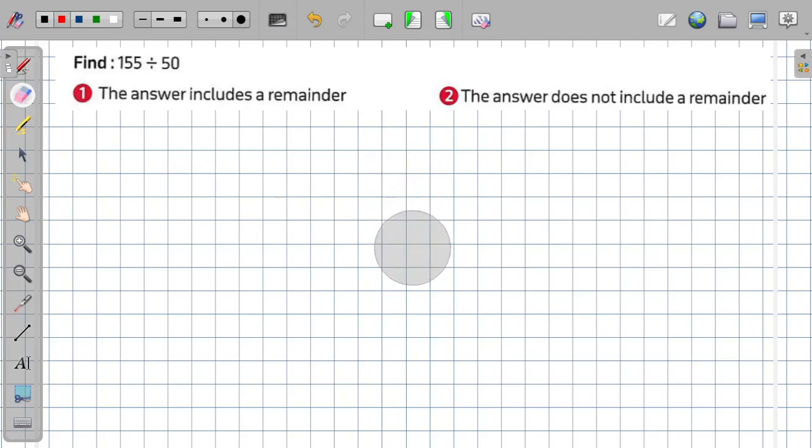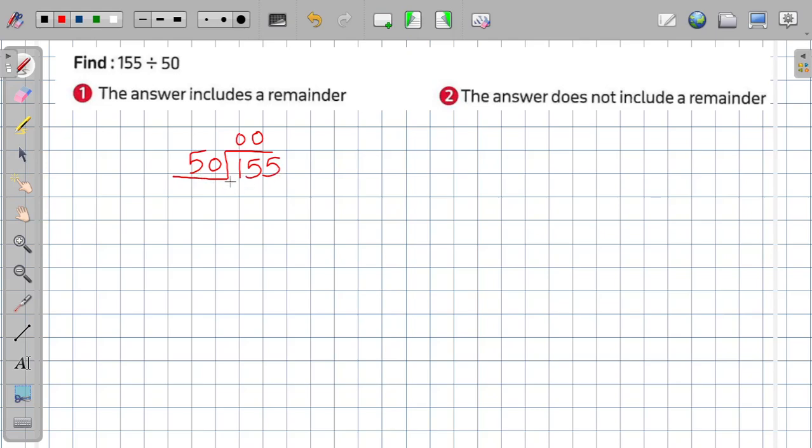So first we will divide the number without any decimal point. So I have 155 divided by 50. Okay, so 1 divided by 50 it cannot be, so I will put 0 and I will take the next digit. So I have 15 divided by 50. It cannot be because 15 is less than 50. So I will put another 0.